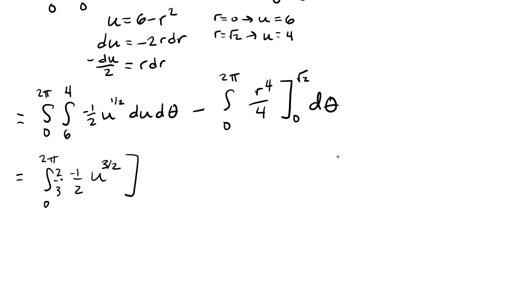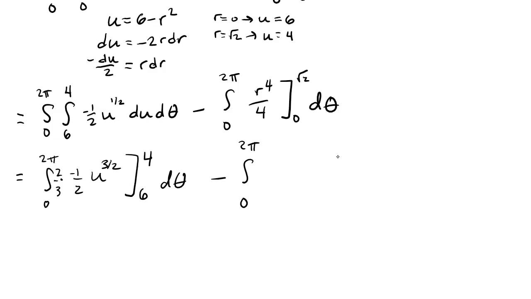And that's going to be from 6 to 4, and we're still d theta. Over here, we've got minus 0 to 2 pi. So square root 2 to the 4th is really square root 2 squared, and then squared again, so really 2 squared, which is 4.